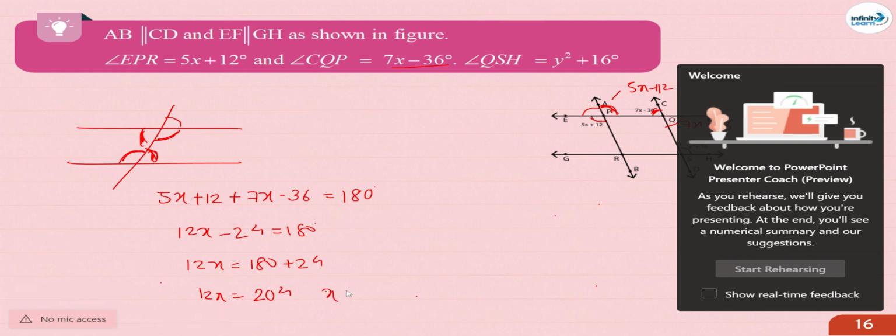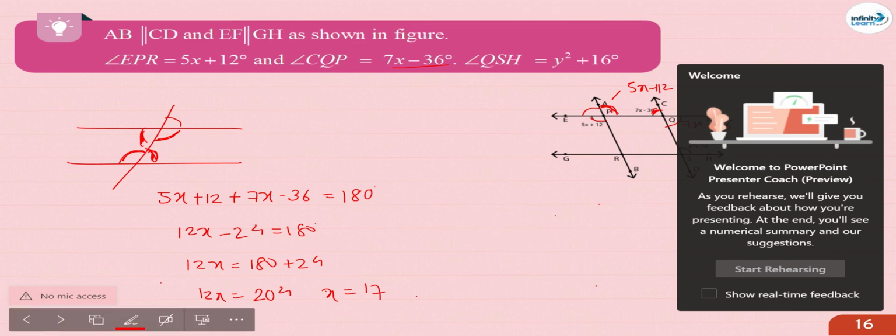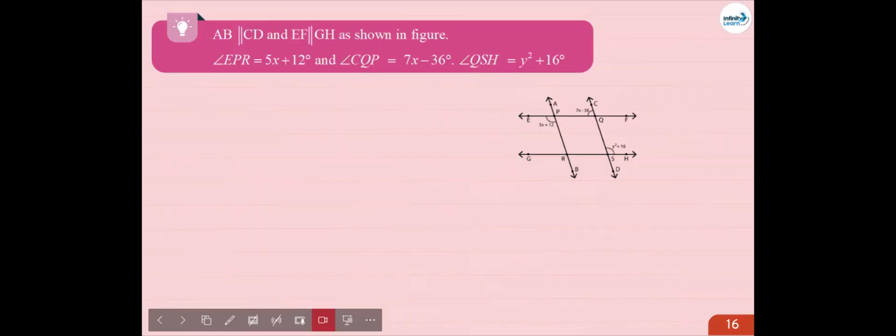The answer is 17. Clear? Anybody is having any doubt? Okay. Now we have found the value of x. What is the value of x? 17.